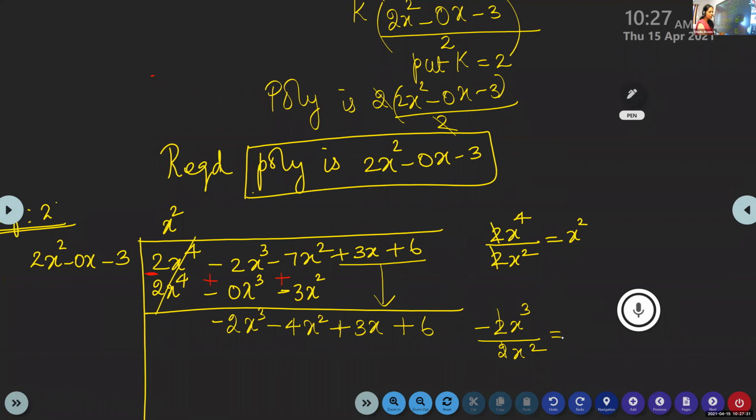When we divide, we subtract the powers. So we will get minus x. The next term is minus x.